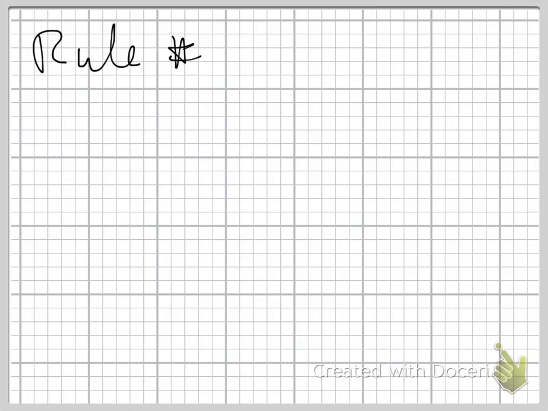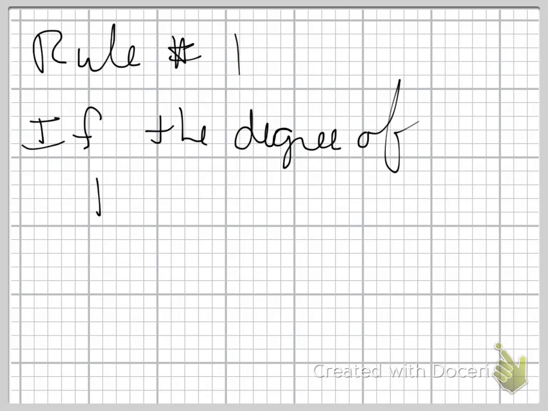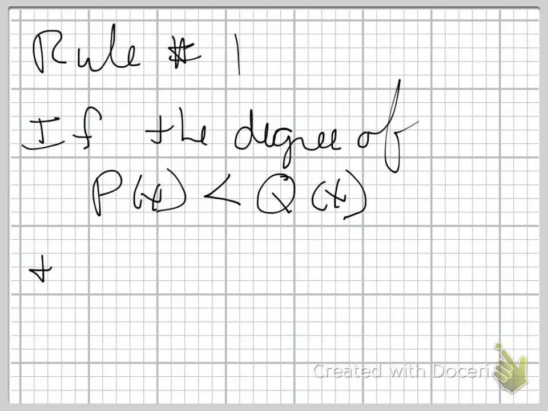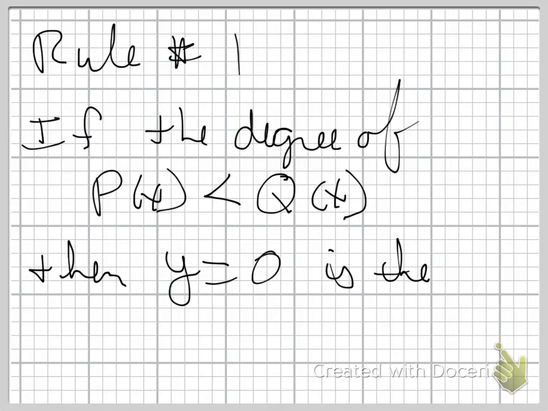Now, we've got some rules for EBAs. Rule number 1. If the degree of P of x is less than Q of x, then y equals 0 is the end behavior asymptote.